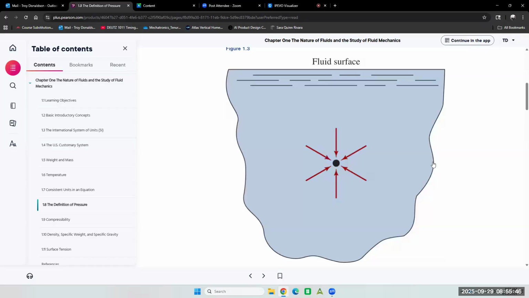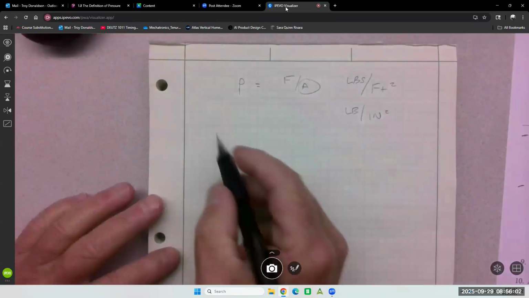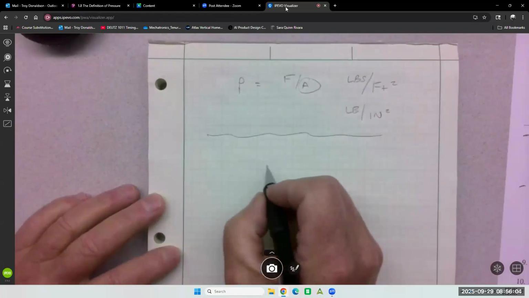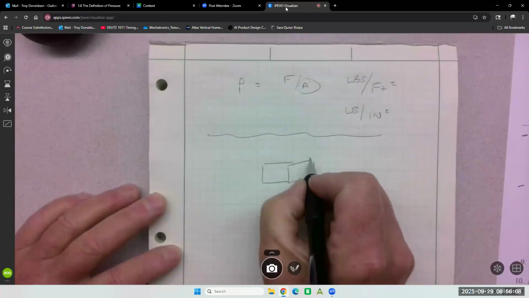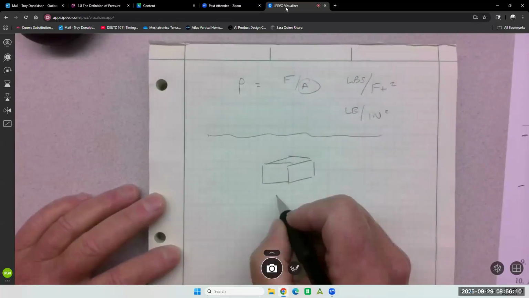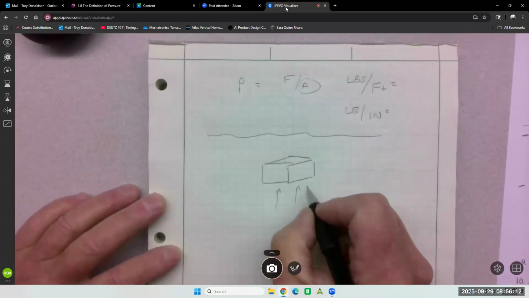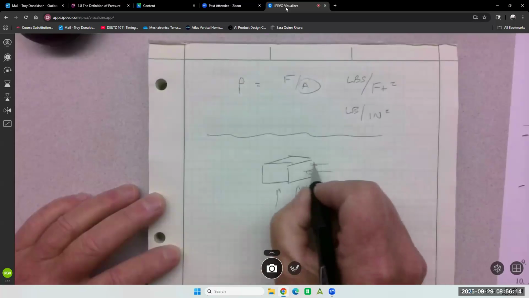But when you put an object under a fluid, it gets pressure from all directions, right? If we have an object that is not tiny, maybe that one's tiny. So if I have a fluid and I drop down a box, and I put this box underwater, it does feel pressure in every direction, right?